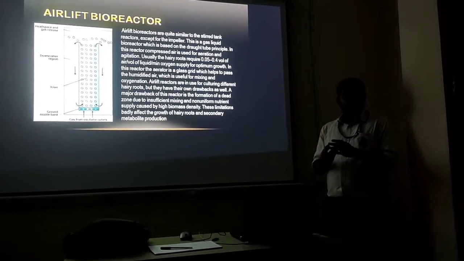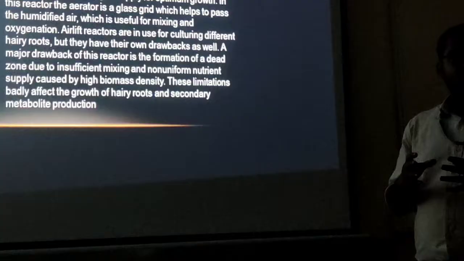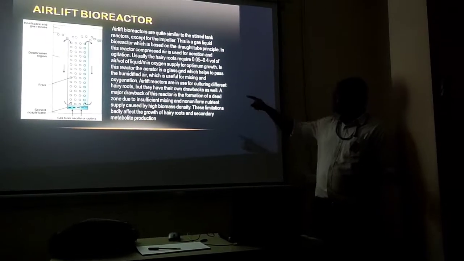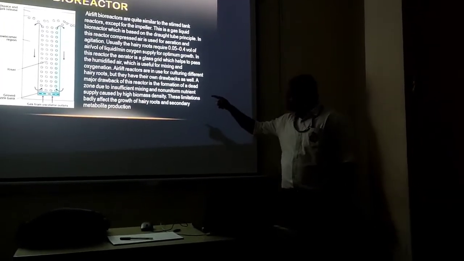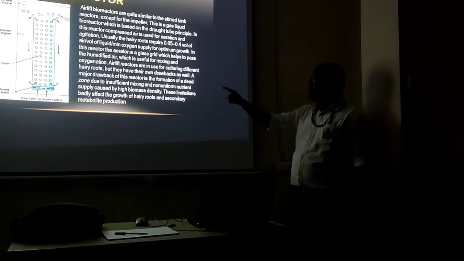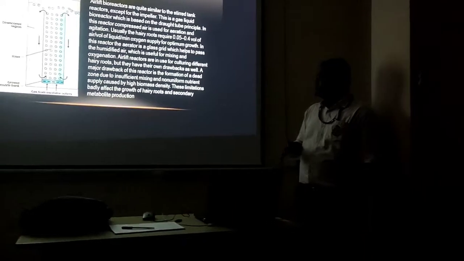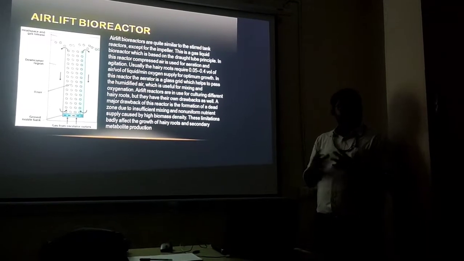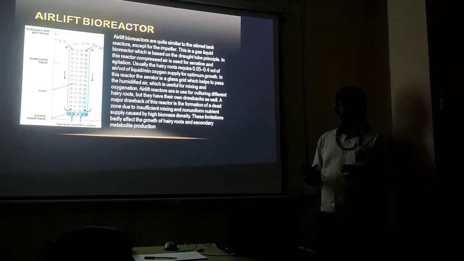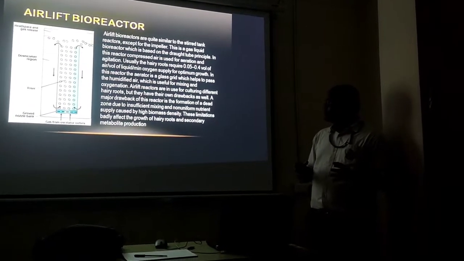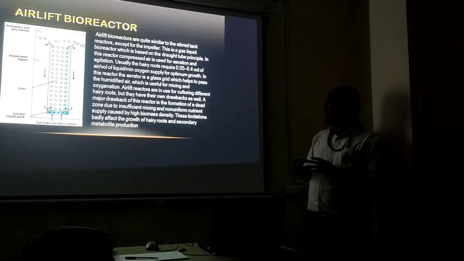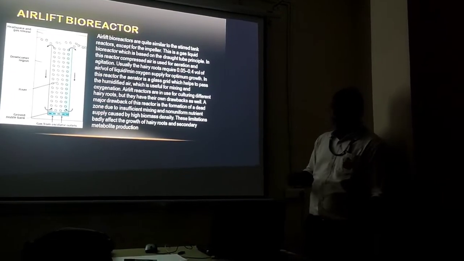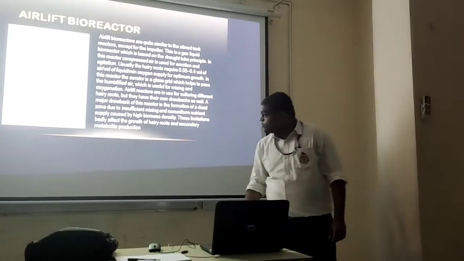Due to air, there is insufficient mixing where the air cannot reach some parts, so it forms a dead zone. There is also non-uniform nutrient supply caused by high biomass density. As we should produce a large amount, there will be no good supply of nutrients, and the gas cannot reach everywhere. These limitations badly affect the growth of hairy roots and secondary metabolite production.